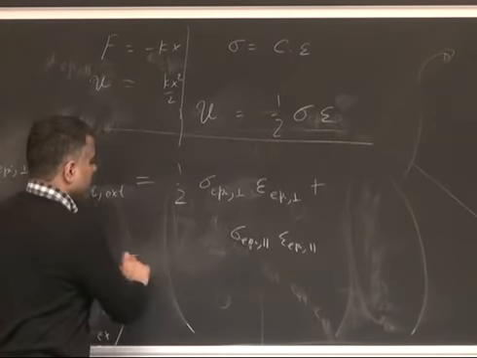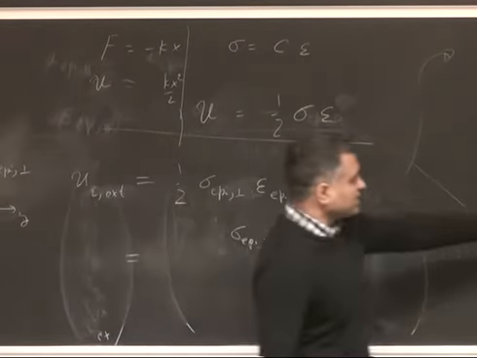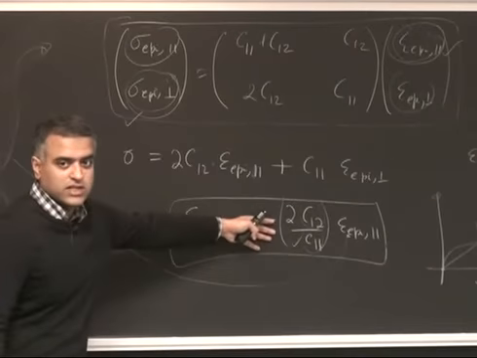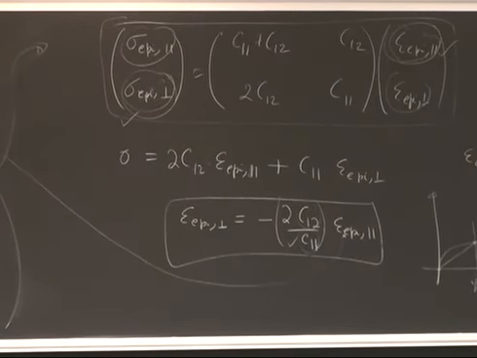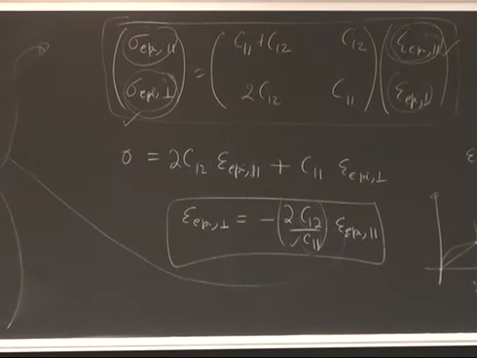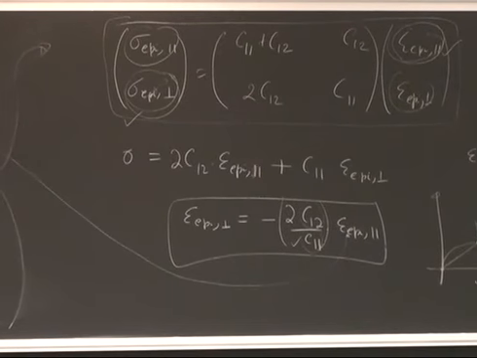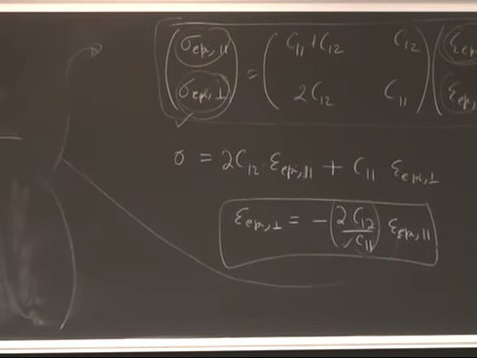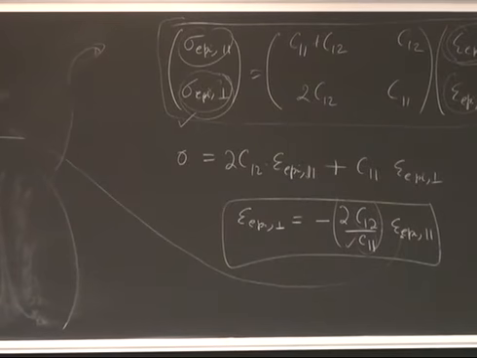And after you write this all out, just take these expressions from here, C11, C12, and all that, plug them back in, and you end up with this expression. Let me write it this way.